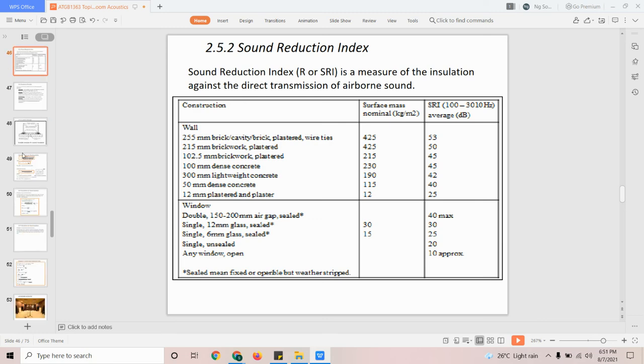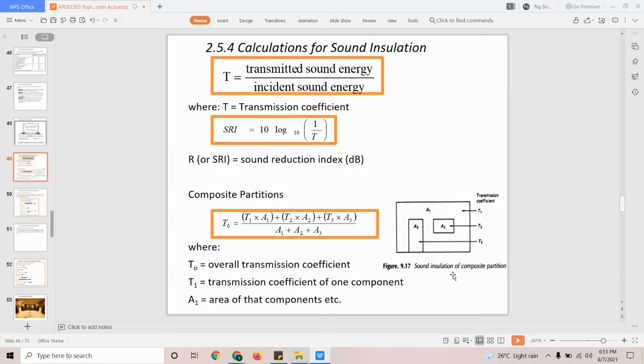We have a composite material, meaning that for a single face of our wall, we can have different components. We can use this composite formula to work out the SRI for this particular face of the wall or partition.